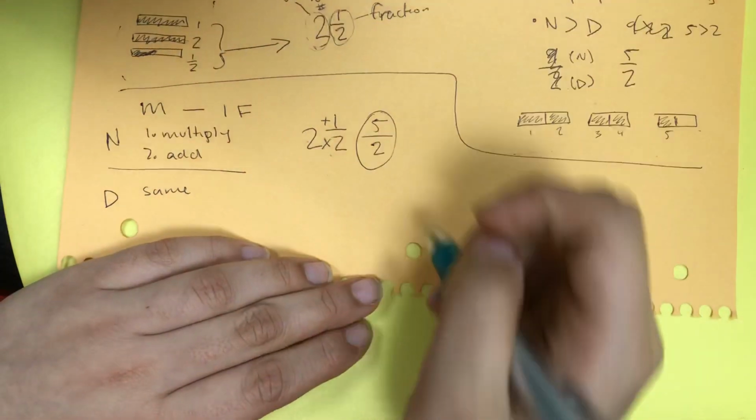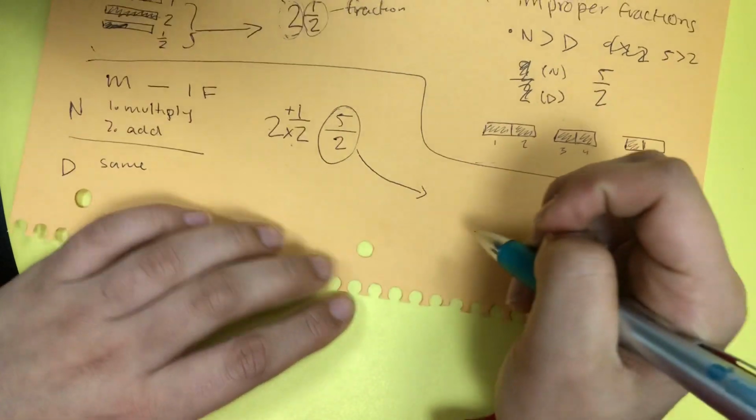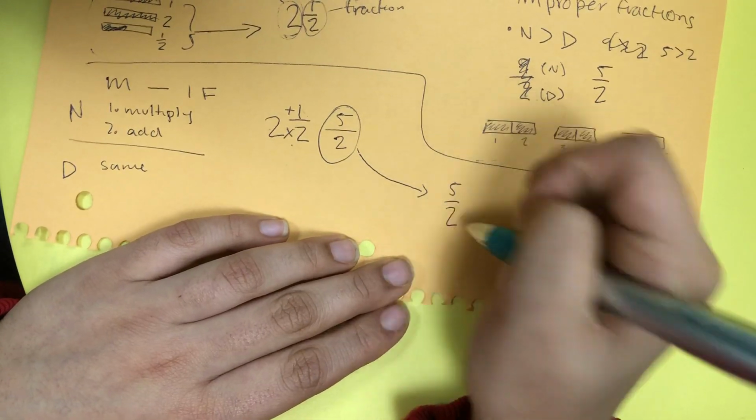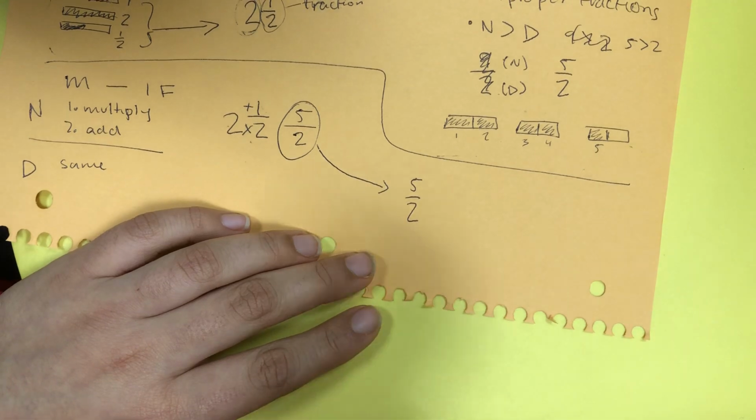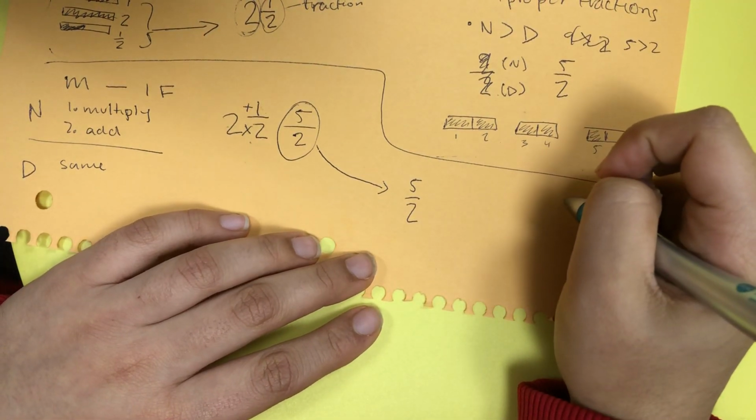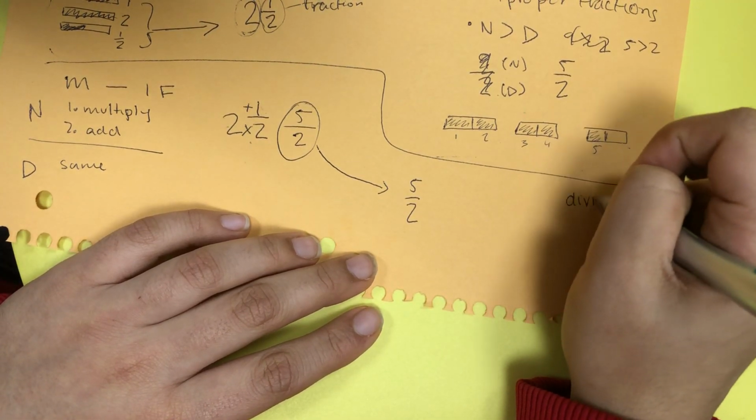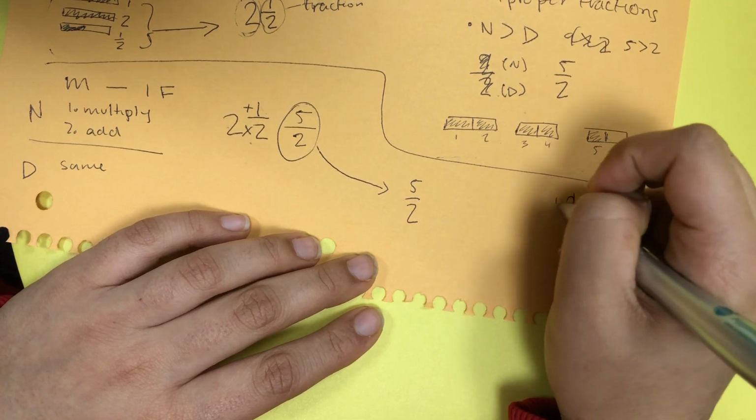Now, if we want to convert the 5 halves into a mixed number, I guess the only step you would do is just divide and find the remainder.